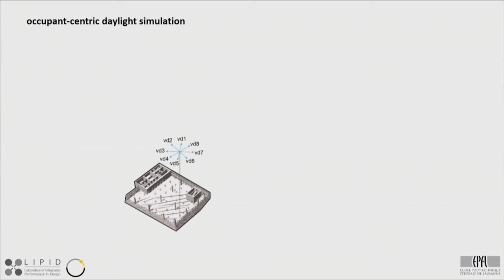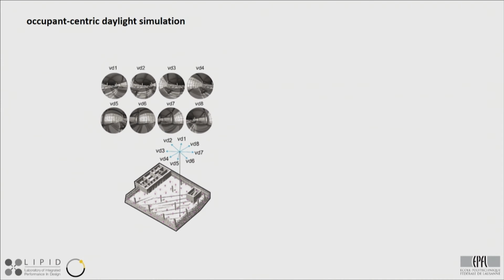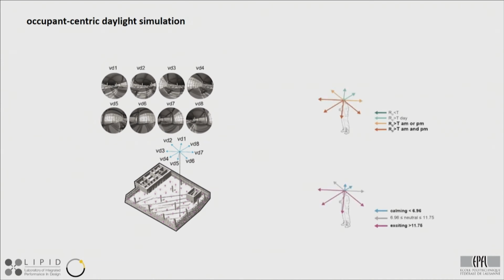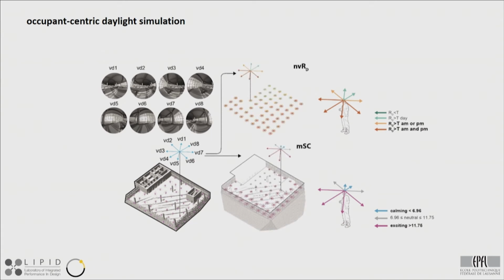And so the idea then is to take any space, any place in the building, and look at these different view directions and extract from there a value for emotion or vitality potential, and then plot it so that we can have a representation of this performance on a plane.